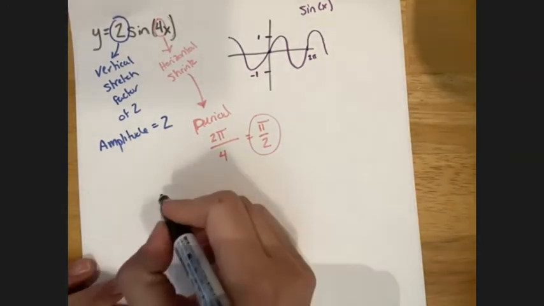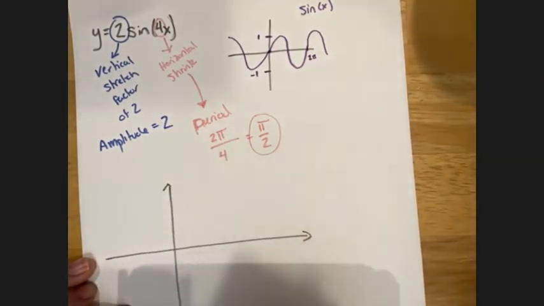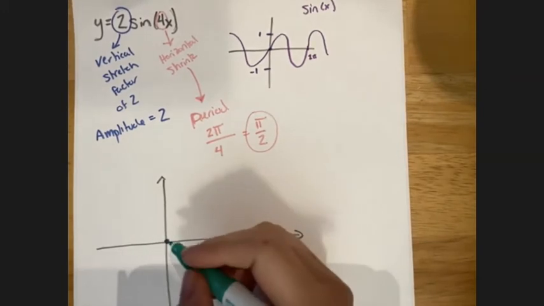All right, so let's see if we can put this into a basic graph. Okay. All right, so I still know that my sine graph is going to start at 0, 0 because I haven't done any horizontal shifting or vertical shifting. We're going to do that next in this video. Okay, but what I have done is I've made my amplitude bigger.